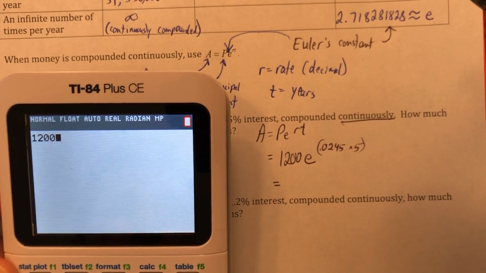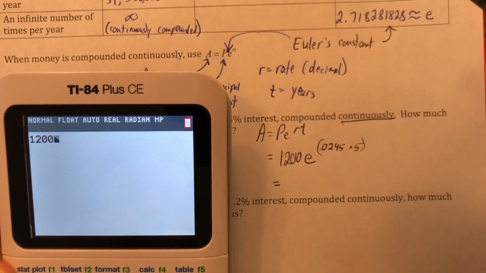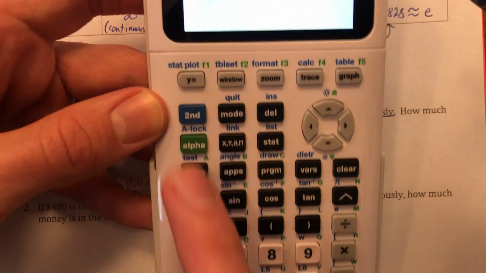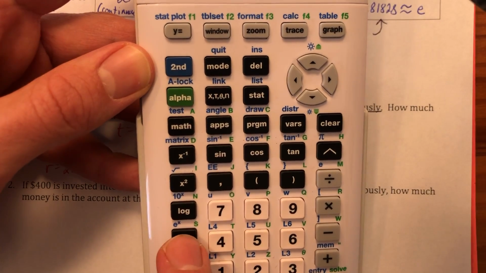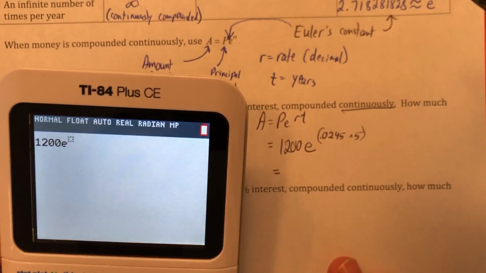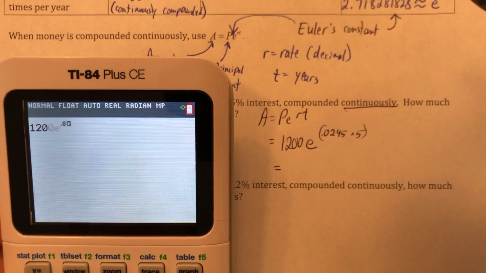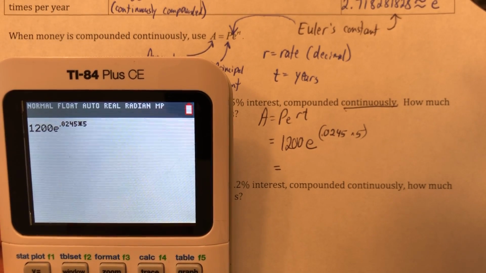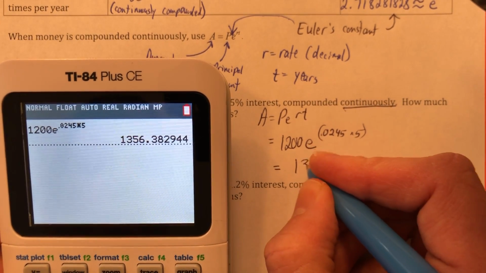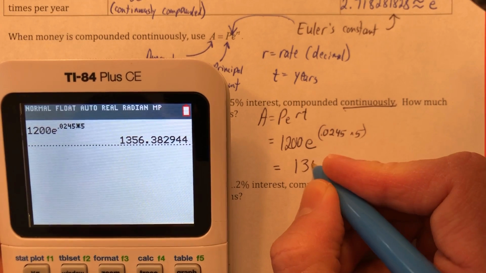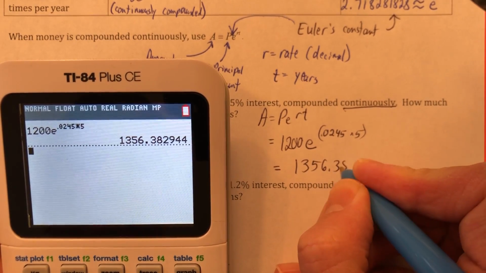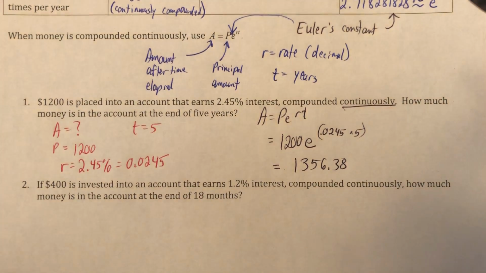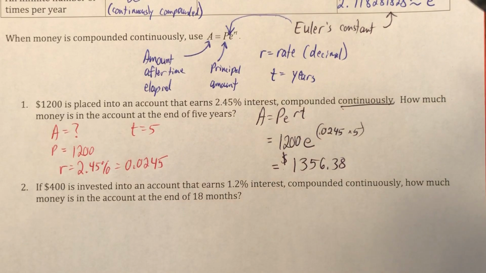And we'll do 1,200 E. All right, here's the buttons. Second and the LN button. We'll talk about what LN means later. 0.0245 times 5. And the answer is money, so we'll round to 2 decimal places, 1356.38. How much money is in the account at the end of 5 years? That is how much.